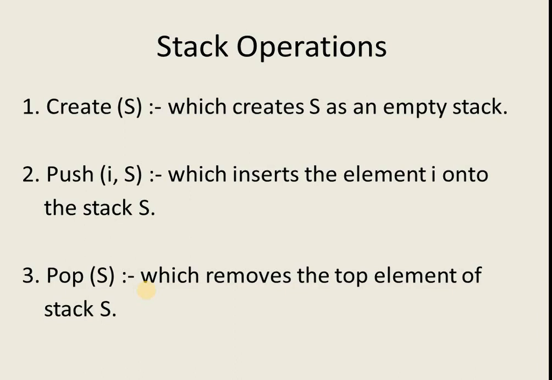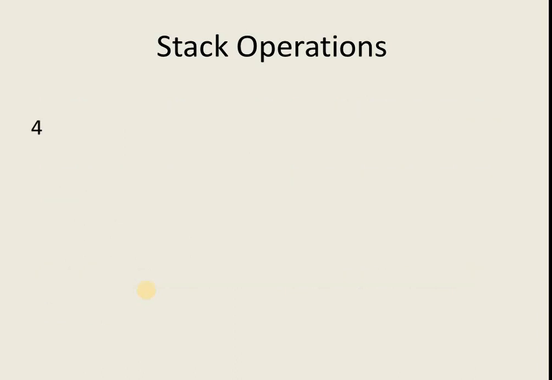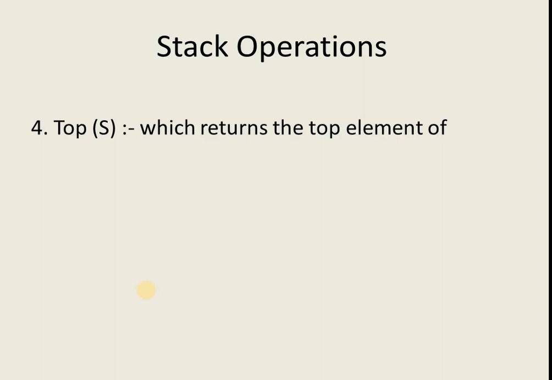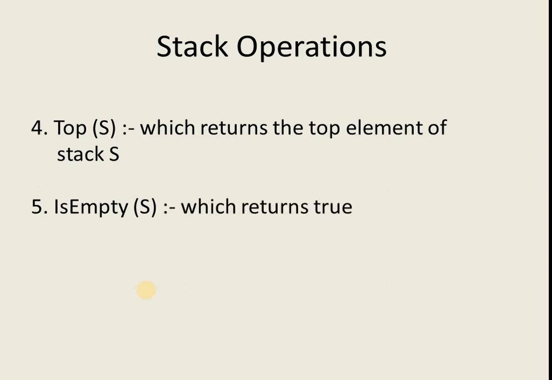The fourth operation is we can check which element is currently on top of the stack. So top function will return the element which is on the top of the stack S. The fifth function, that is empty stack. Using this function, we can check whether the stack is empty or not.